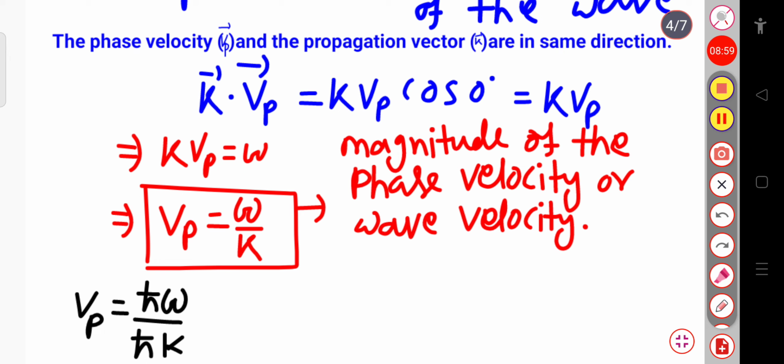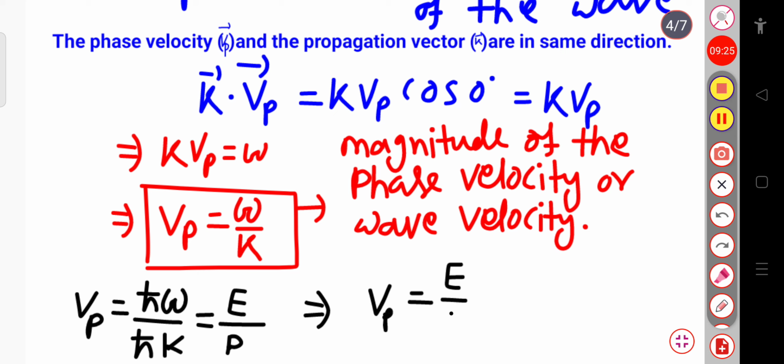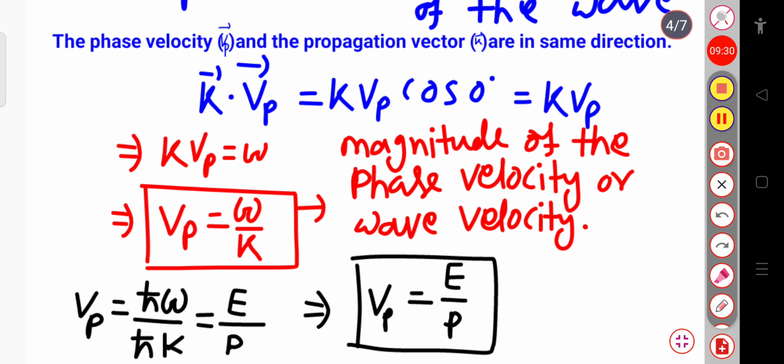So this will be, energy equal to h cut omega, so h cut omega is E, the total energy, divided by, we know the linear momentum P equal to h cut k, so this will be P. So the phase velocity can also be expressed as E divided by P. This is the phase velocity expression, omega by k, or E by P.